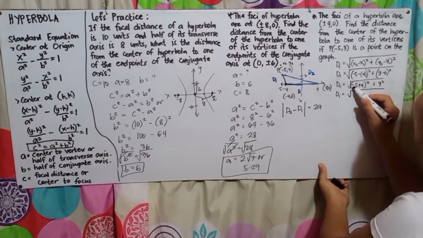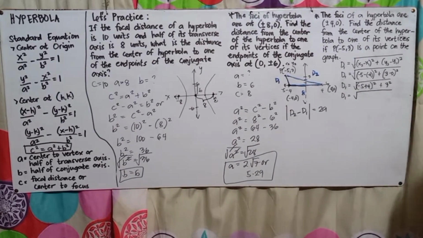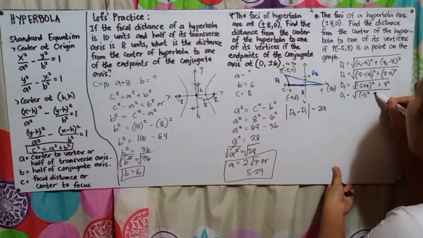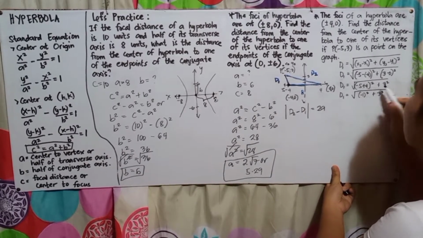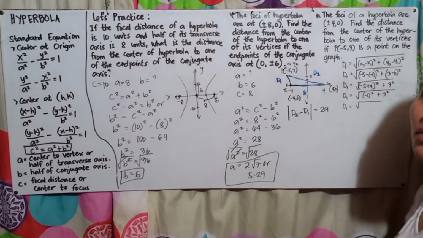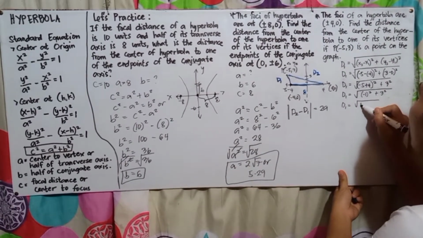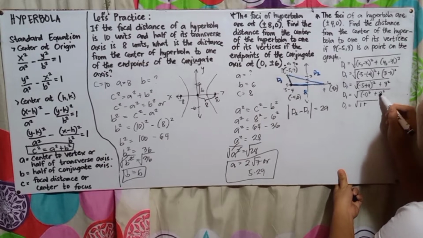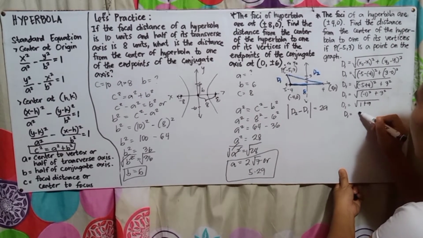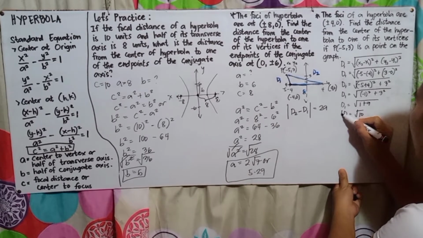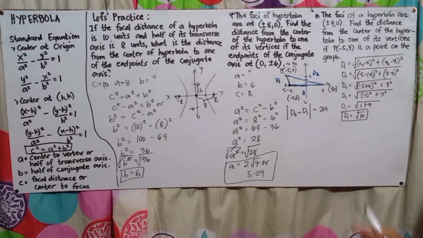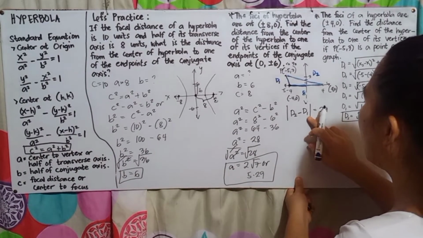So, negative 5 plus 4 is negative 1. So, negative 1 squared is 1. Plus 3 times 3 is 9. So, therefore, our distance 1 is square root of 10.